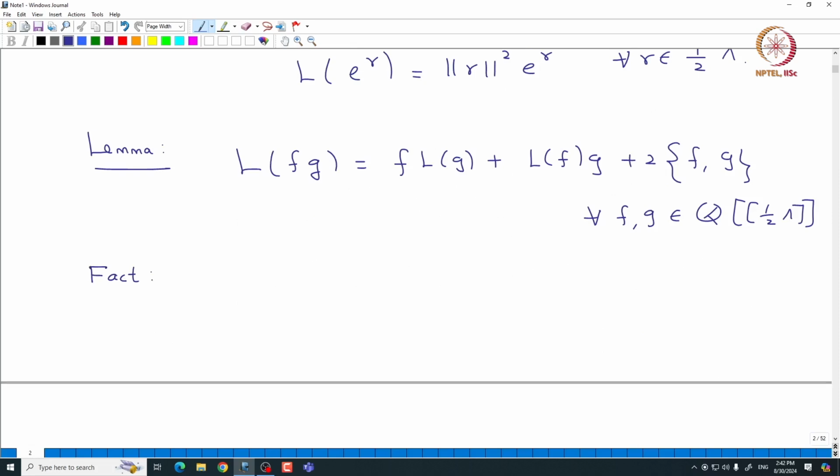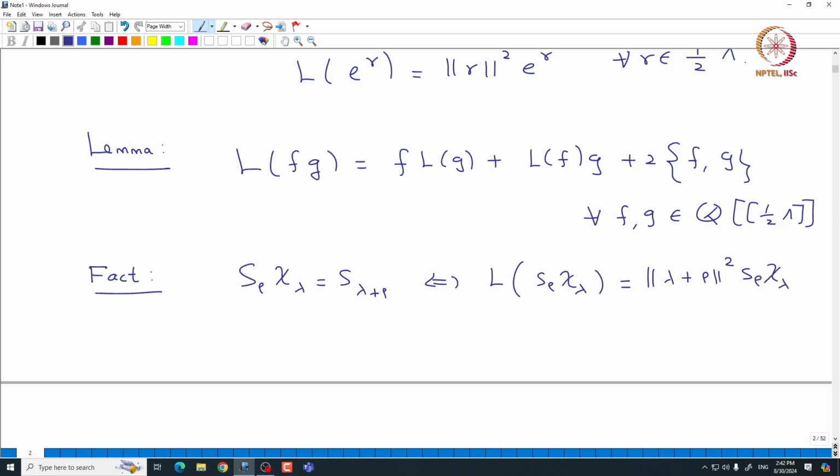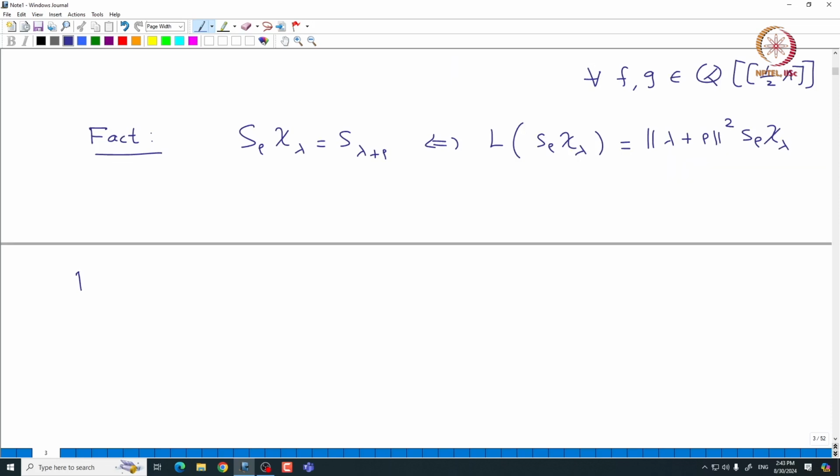This is a fact which we already proved: S rho chi lambda equals S lambda plus rho if and only if the Laplacian of S rho chi lambda is exactly norm lambda plus rho squared times S rho chi lambda. So this means S rho chi lambda is an eigenvector for the Laplacian with eigenvalue norm lambda plus rho squared.